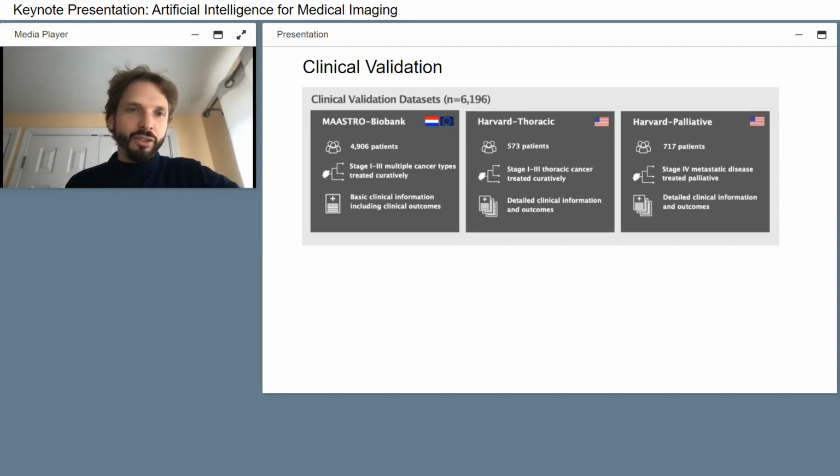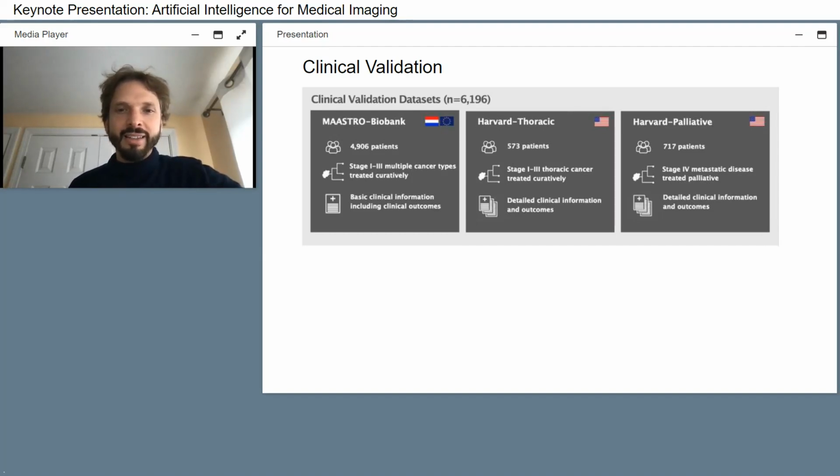So we took advantage of data sets that we had access to. One was from Maastro, which is a radiation oncology center in the Netherlands, where we had almost 5,000 individuals with various stages and various cancer types. Then we had two different data sets from Harvard. One focused on thoracic cancer, so lung cancer patients primarily, and also a palliative cohort, where we have very detailed clinical characteristics.